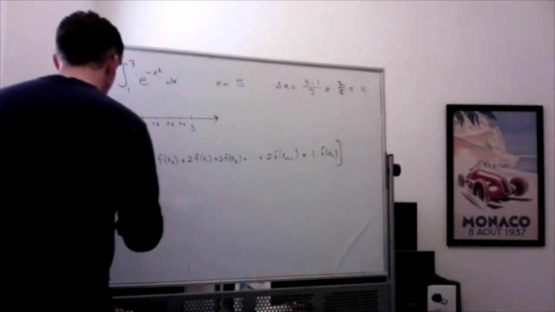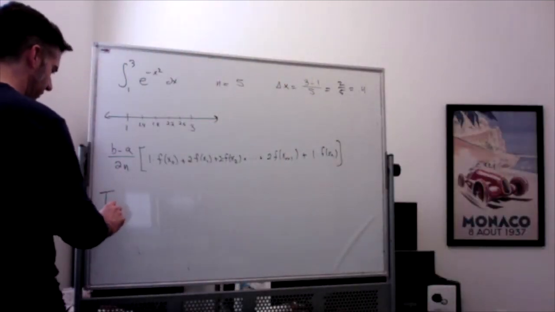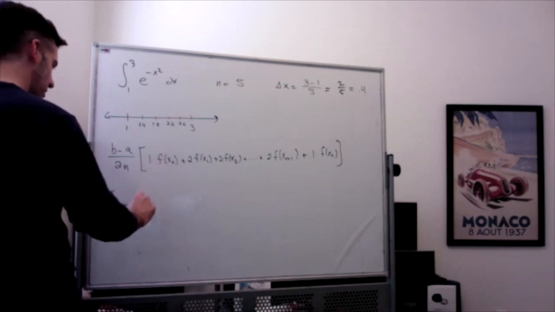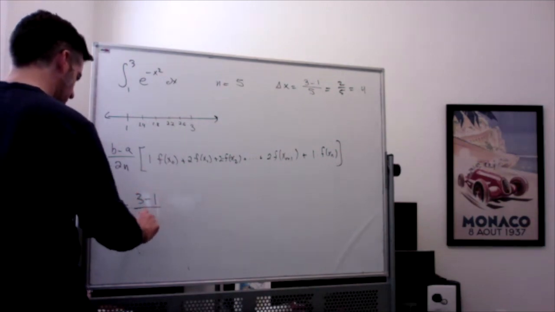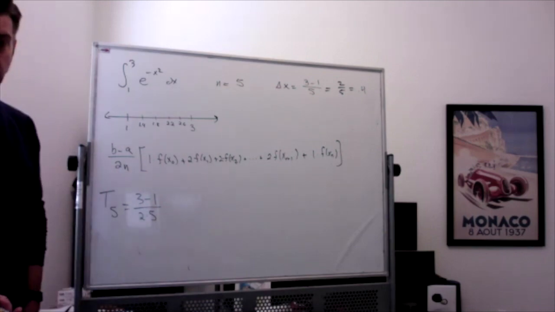So in this particular example, our trapezoid method using 5 subintervals is going to be b minus a over 2 times n, which is 3 minus 1 over 2 times 5.